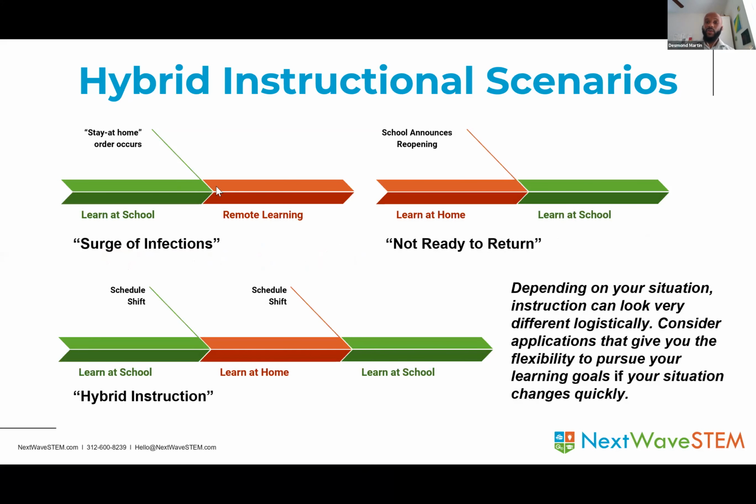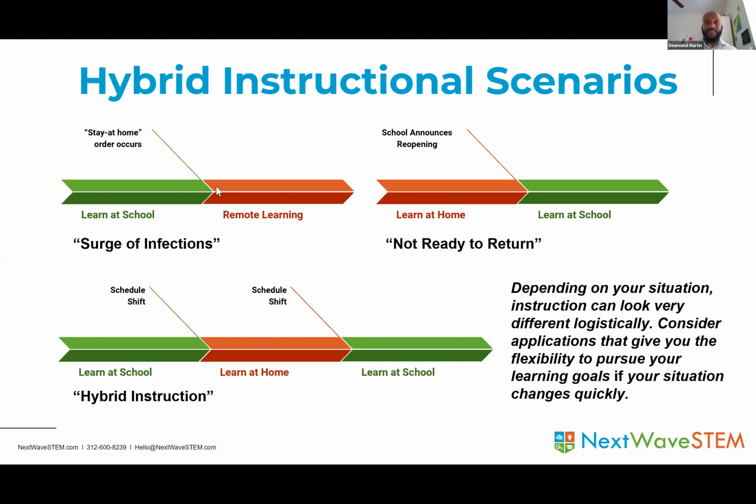For a lot of us, we are in hybrid instructional mode. The whole genesis of our Next Wave STEM free webinar series is the understanding that there are going to be some shifts in the way that we approach educating our children because of the ongoing pandemic. And that means, more than anything, and we've seen this play out particularly in the last 2 to 3 months, that we're going to be asked to be flexible.